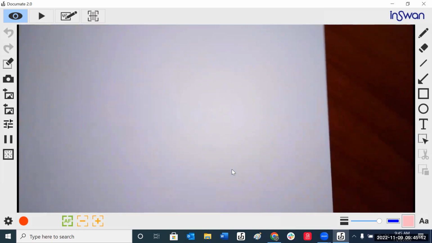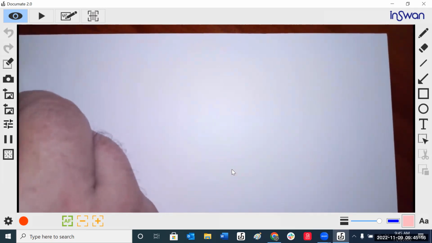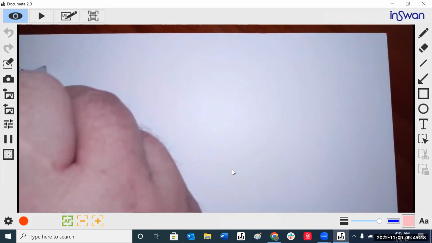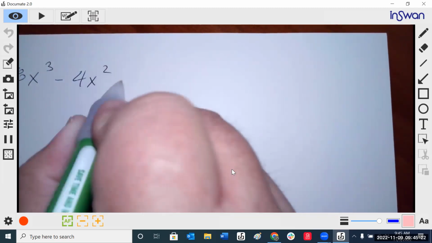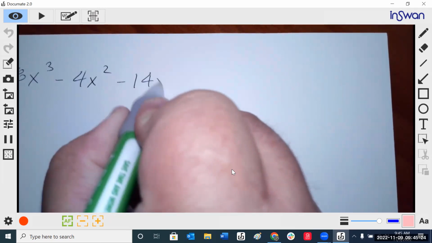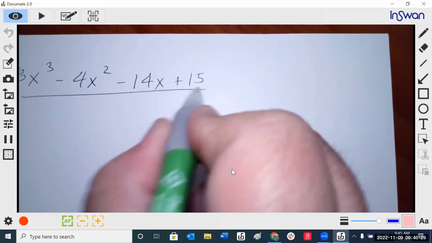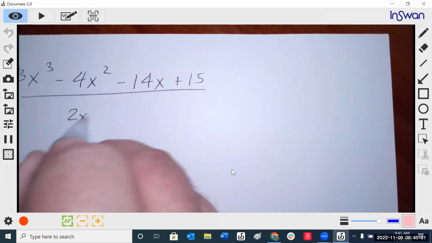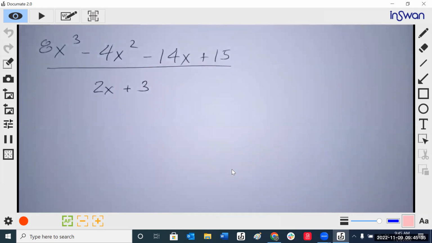All right, let's look at another one. Eight x cubed minus 4x squared minus 14x plus 15 all over 2x plus 3.